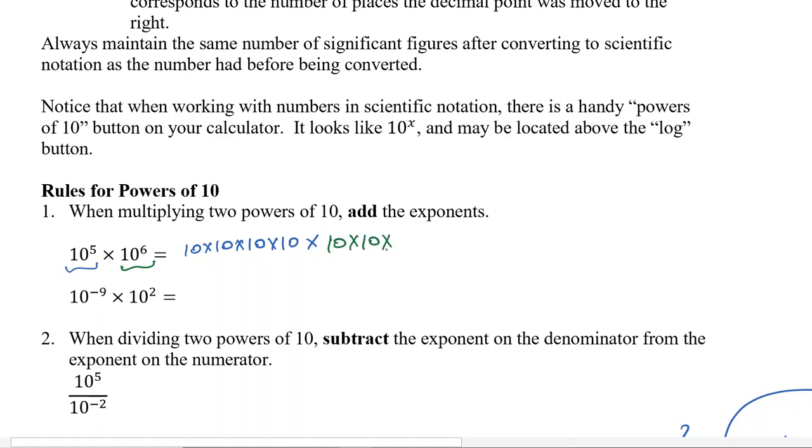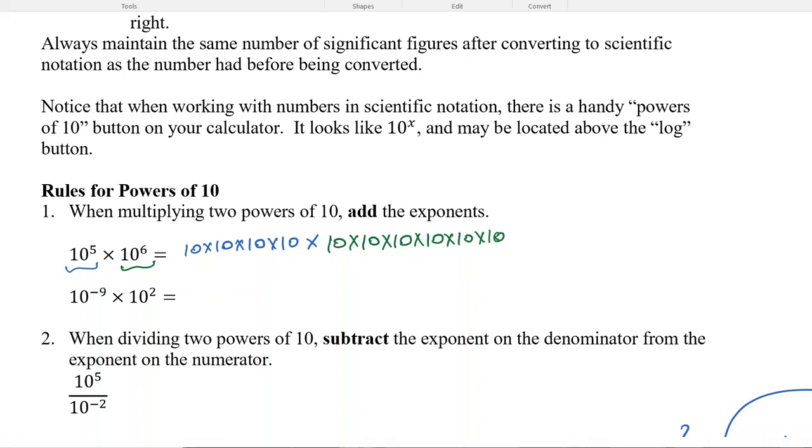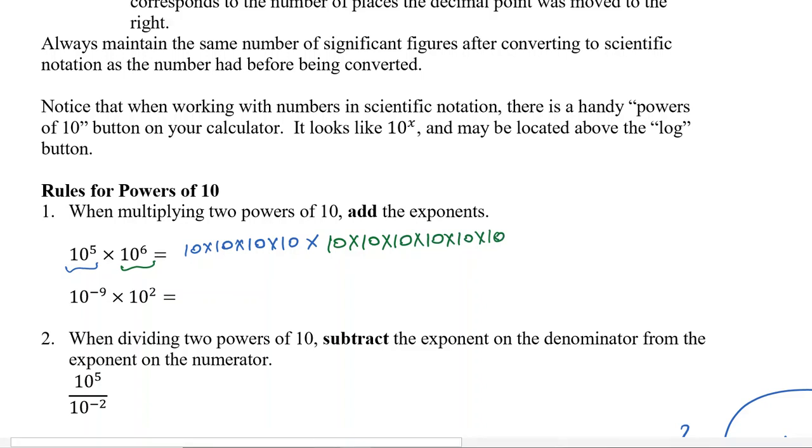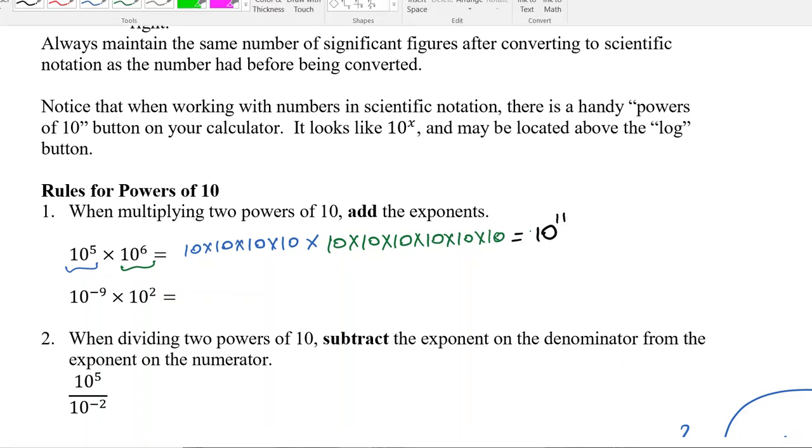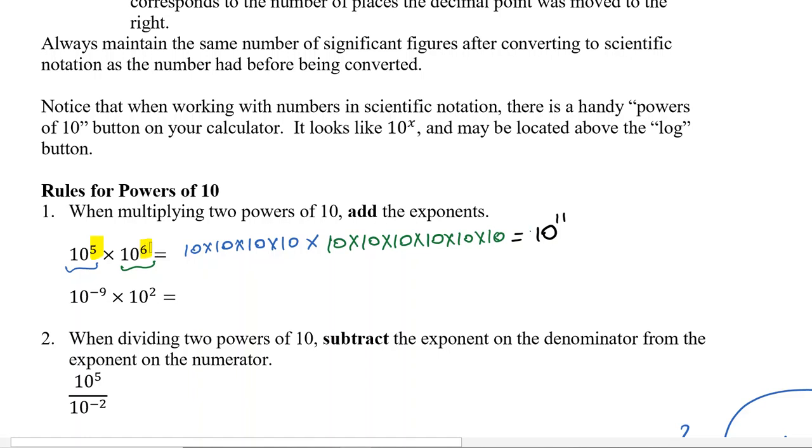If I don't know the rules of exponents, how would I do it? In total we have 5 plus 6, so finally we have 11 copies of 10. Basically we have the power 5 here, the power 6, and the power 11.